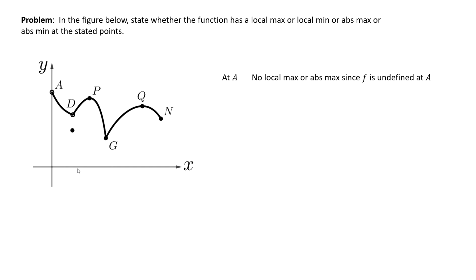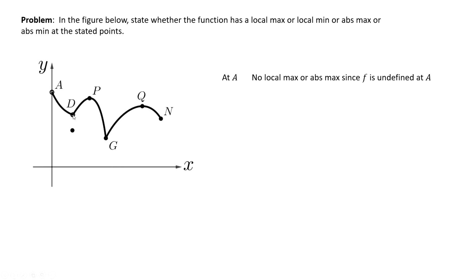At d, what do you think? Do we have a local minimum or a local maximum or anything like that at d? The answer is yes, there is a local minimum at d.